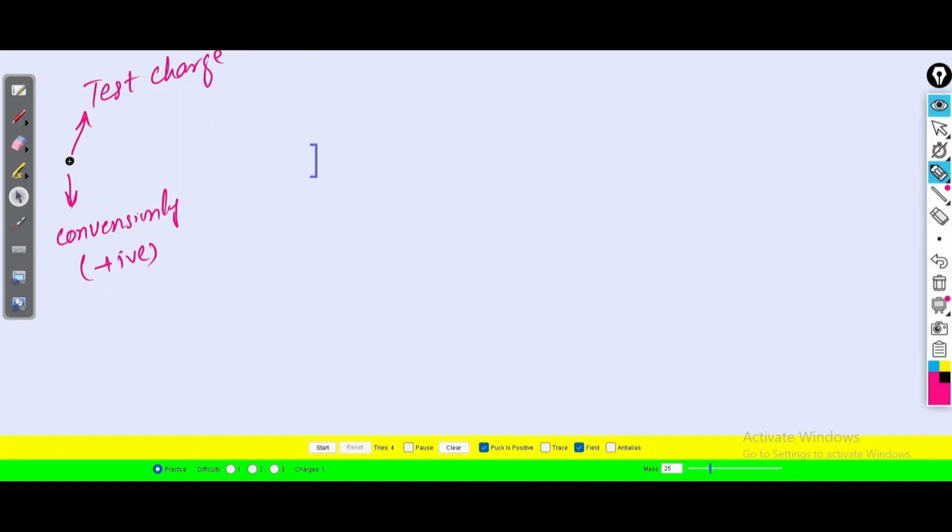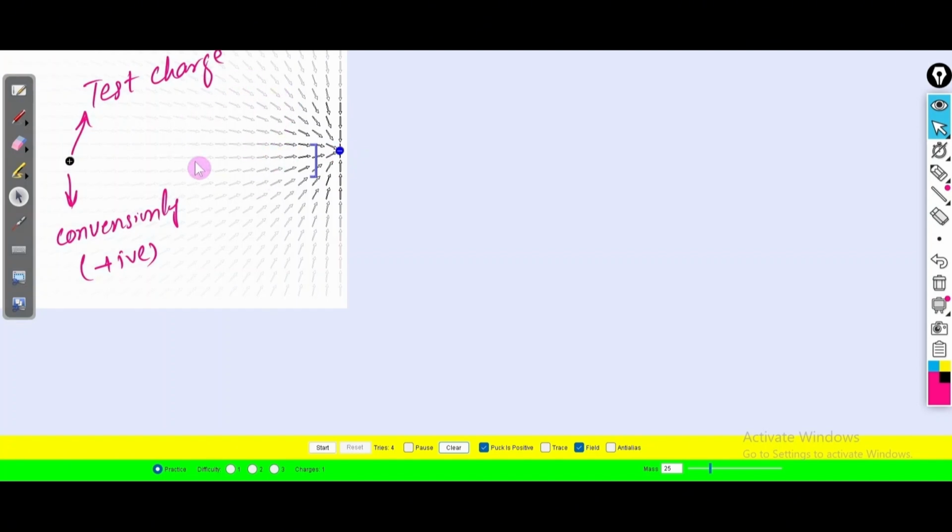So here if I select the negative charge from this box and bring that here, a large number of field lines will be created around this negative charge. We will discuss this later, but these lines are actually directed towards this negative charge, and this positive test charge comes into the region of these lines.